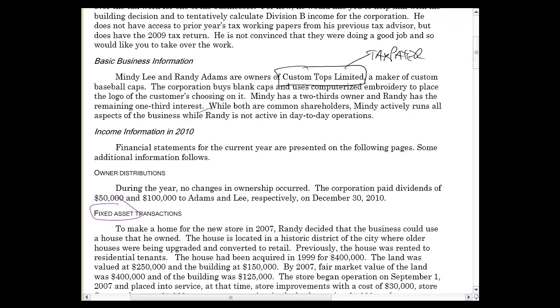So let's just get this down: this company is Custom Tops Limited, and Mindy and Randy own 2/3 and 1/3 of the company. Okay, so that's basically what we pick up from the first one.